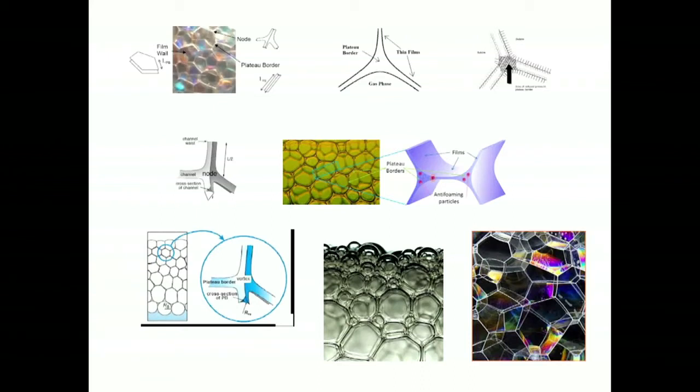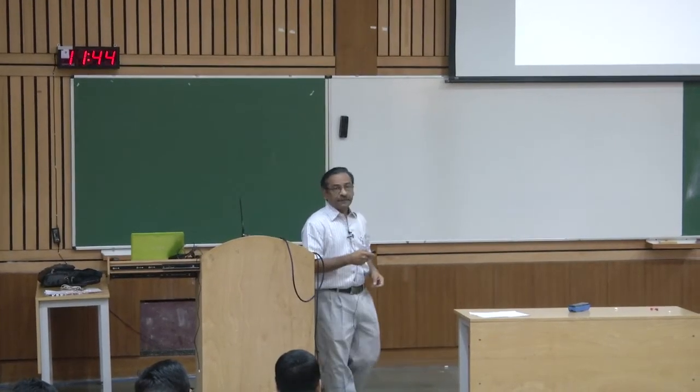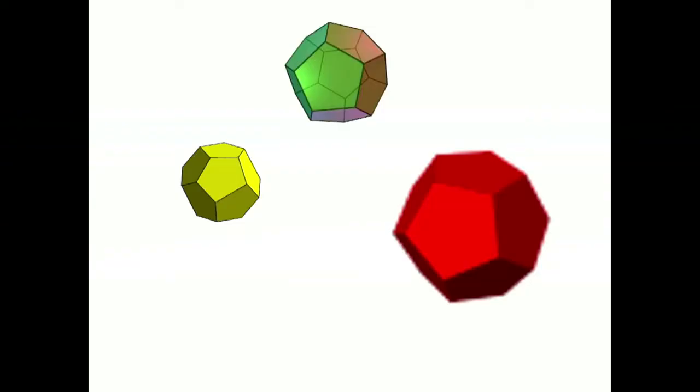Now, you need to imagine a little bit more. If one particular film is shared by two regular pentagonal dodecahedra, this is the idealization. What we are looking at is one particular pentagonal film. All films will be the same size, same shape, same thickness.